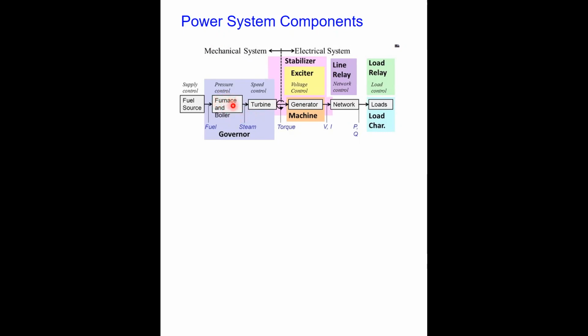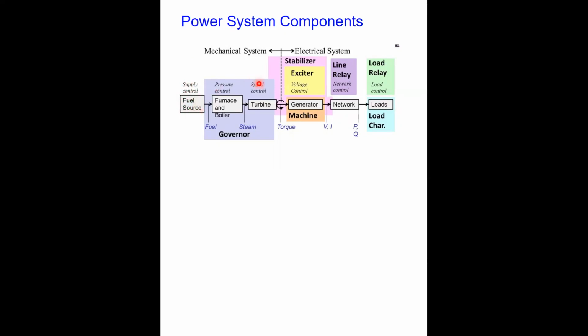You get steam at a much higher temperature and pressure from the boiler, which is injected on the blades of the turbine to have its mechanical work done. Then the input to the furnace could be coal or maybe oil as well. So this is the supply side, the fuel source.